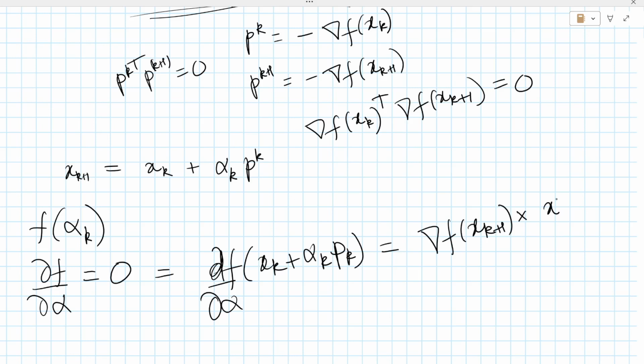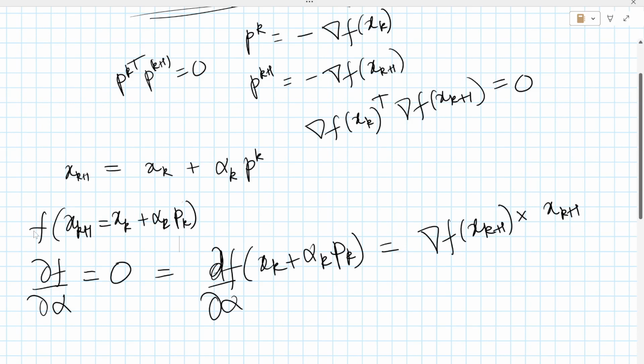I think I remember what I forgot. We converted f of alpha. F of alpha is the same as the above f function, because f is a function of x, right? So xk plus 1 is xk plus alpha k pk.